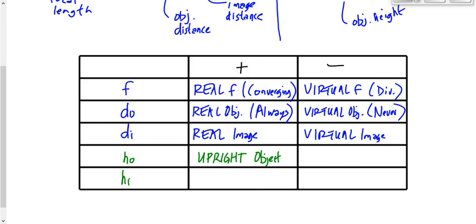If it's inverted, then we make it a negative value. Hi is positive if the image is upright, and it's negative if the image is inverted.